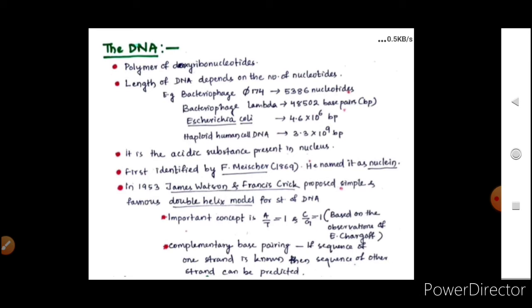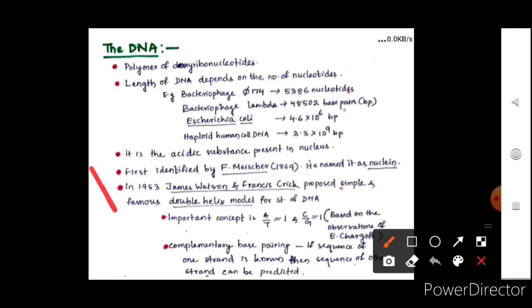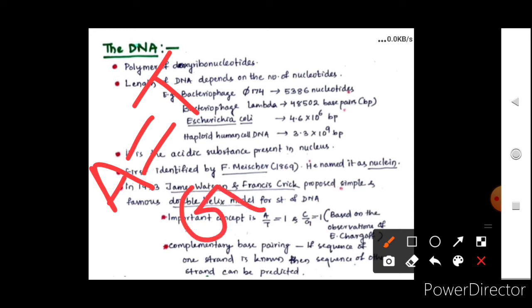Now complementary base pairing is there. If the sequence of one strand is known, then the sequence of the other strand can be known. Now we will see this, like A will have a double bond with T, and G will have a triple bond with C. Okay.